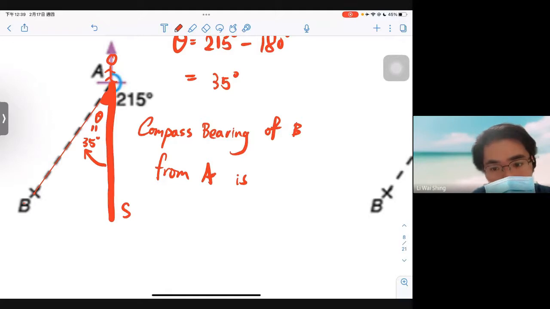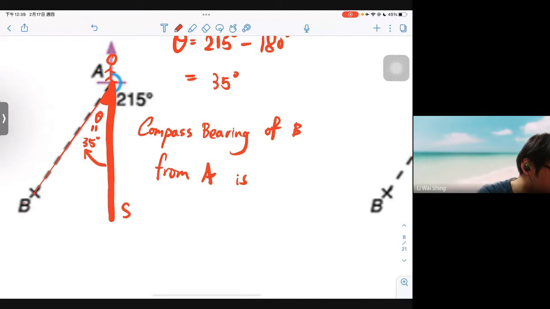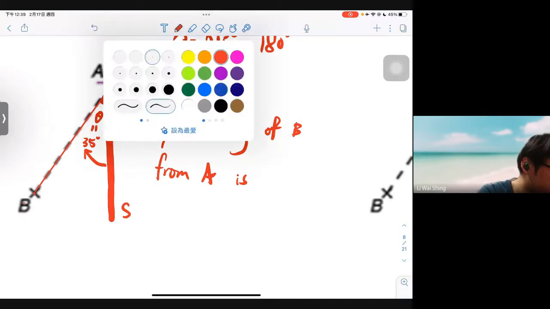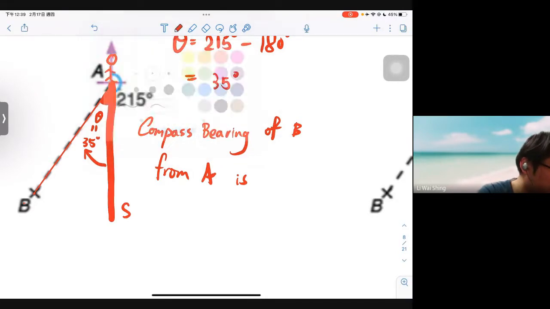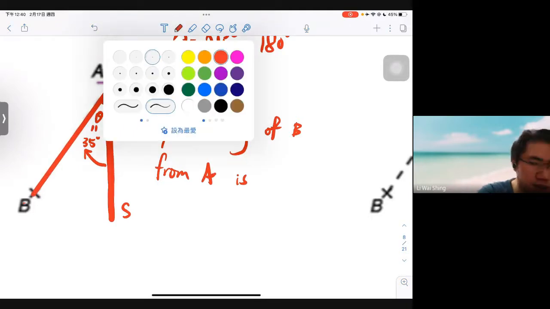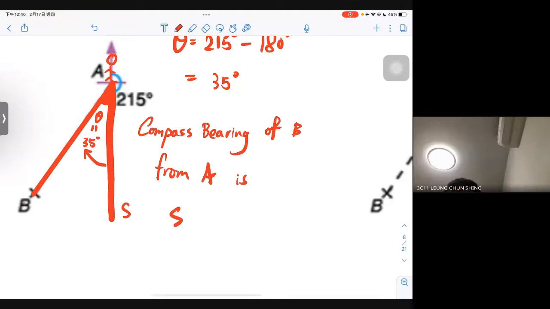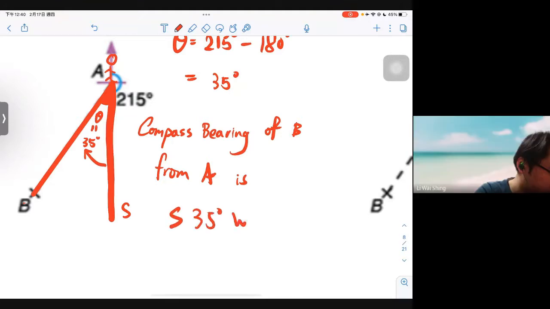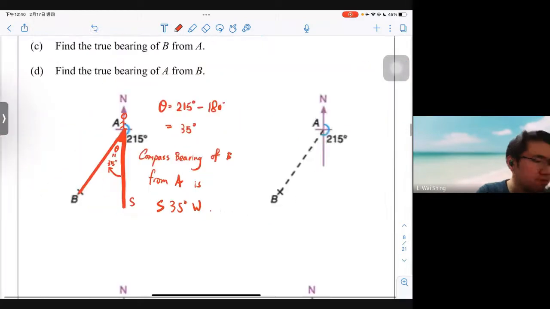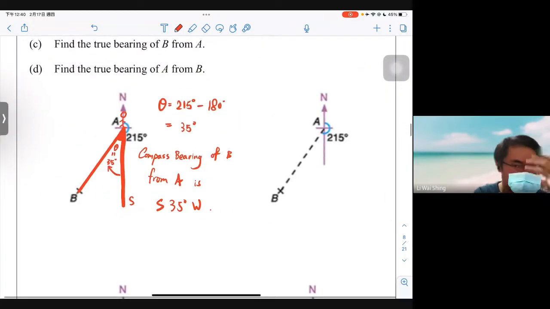Sing Sing, what is the compass bearing? South 35 degree west. Thank you. Okay, so good answer.